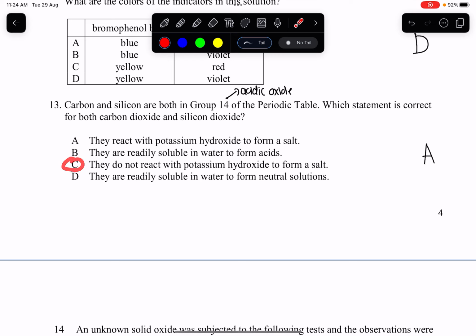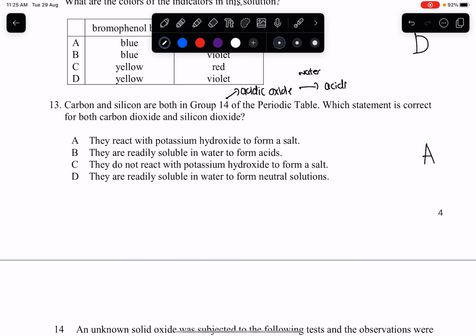For C, do not react with potassium hydroxide to form a salt. Notice A and C are opposite of each other. Answer has to be A or C because you cannot be both. So D, readily soluble in water to form neutral solutions. No, because they are acidic oxides, they will dissolve in water to form acids.